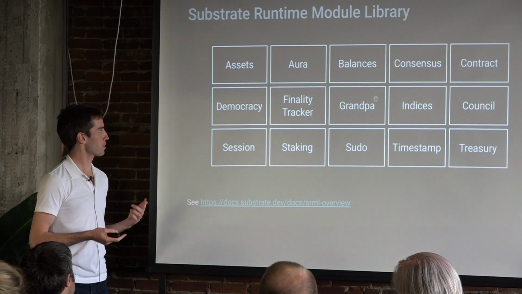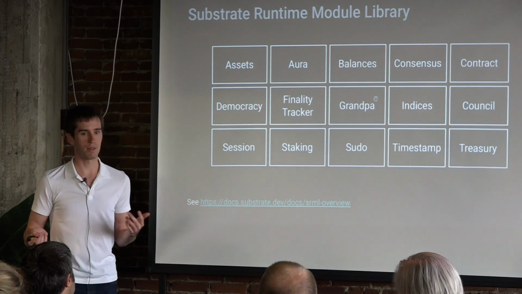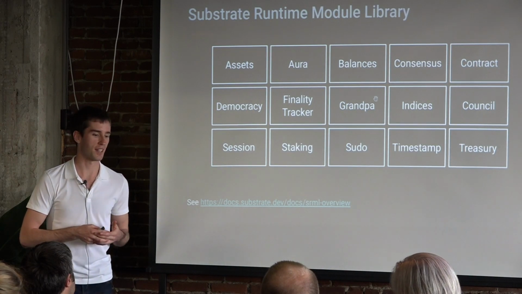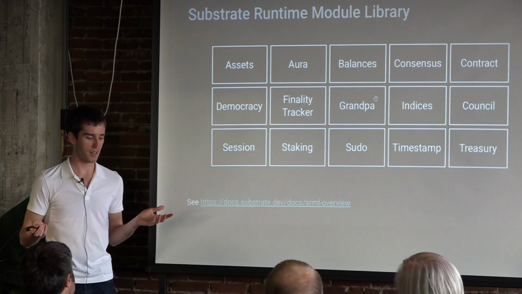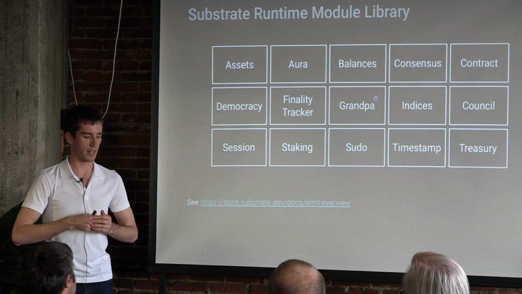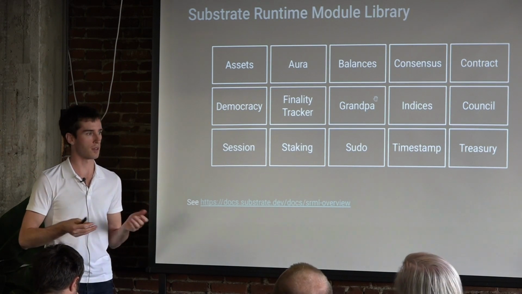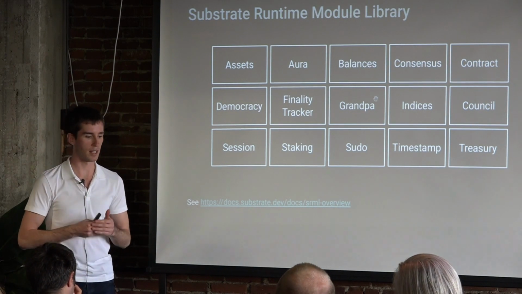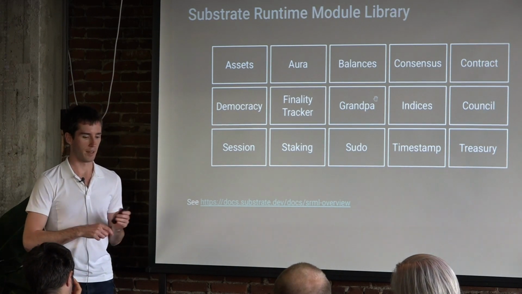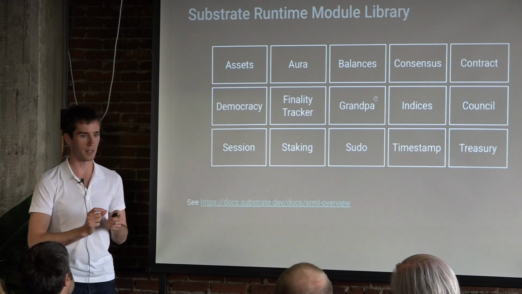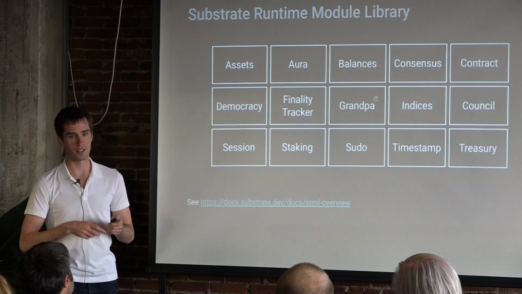Yeah, so what we're doing on that is Babe, which I can't remember what it stands for. But it's using a VRF. So you have a secret key that goes along with your account and your permission to be a validator. And then these slots are actually on the order of milliseconds instead of seconds.